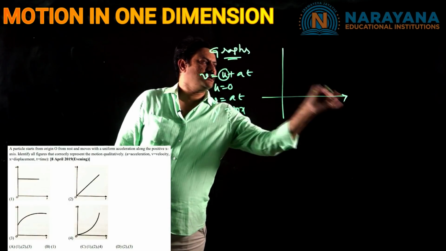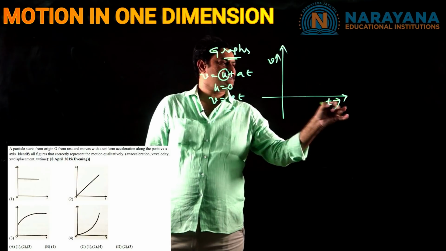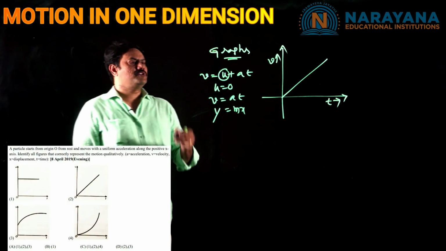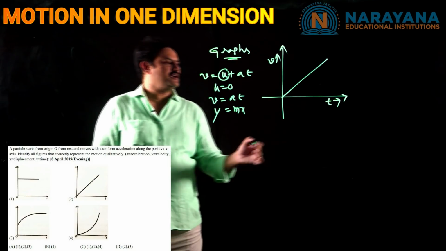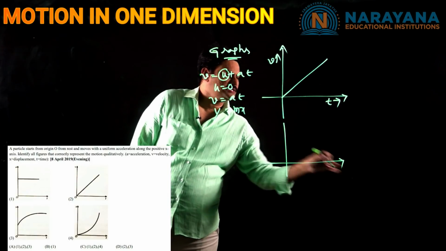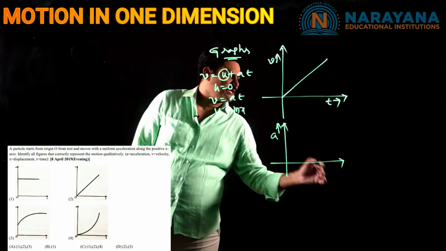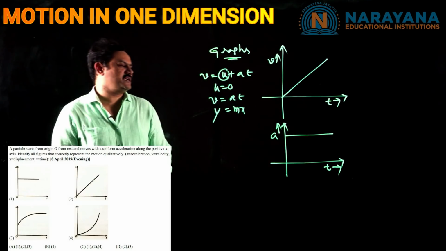So if you draw the graph of velocity and time, with velocity on the y-axis and time on the x-axis, the nature of the graph is a straight line. Suppose in another relation, you want to draw the acceleration-time graph, you already know acceleration is constant with respect to time. So acceleration is taken on the y-axis and t is taken on the x-axis. The nature of the graph is a straight line.